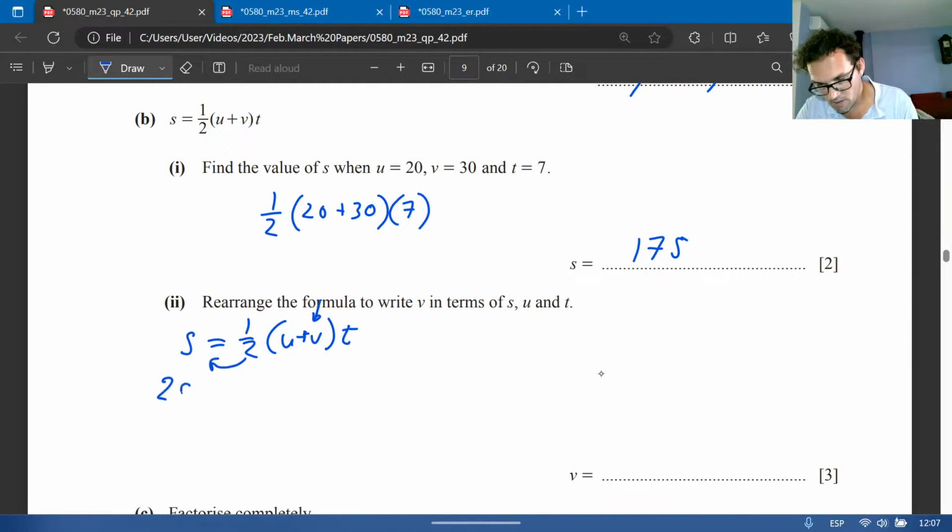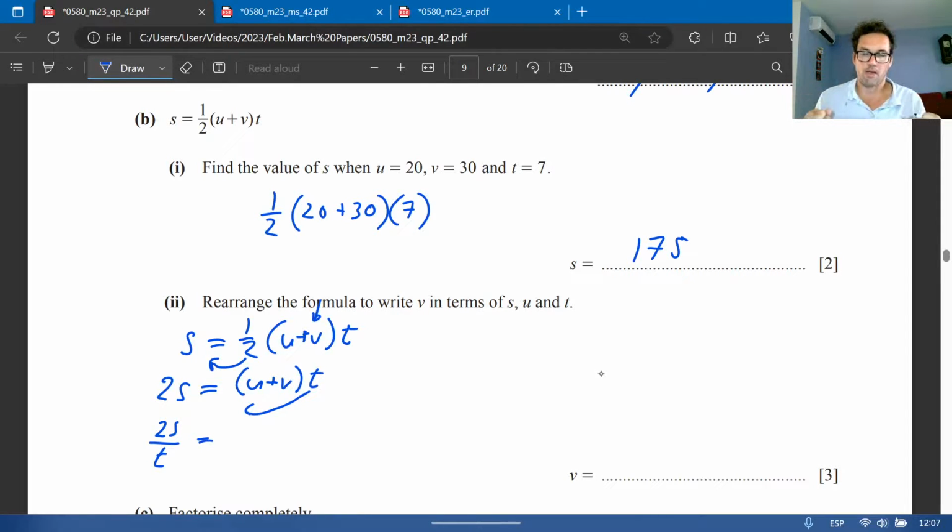So that will give us 2s equals u plus v times t. Next, get rid of the t, so divide both sides by t, so that gives you 2s divided by t. And now the t was like a guard in front of the brackets. Now that it's gone, the u plus v is free.